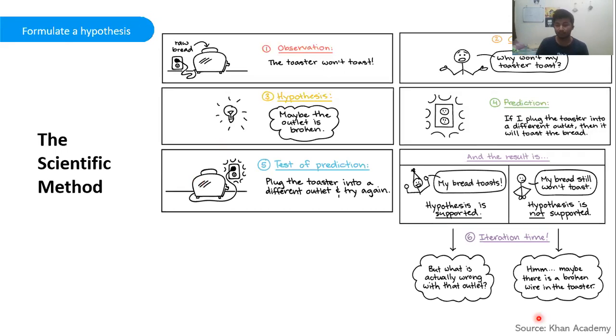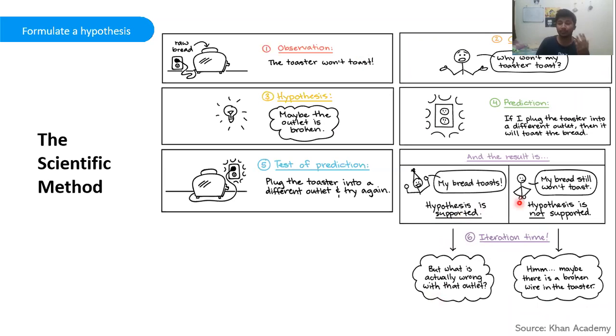If the toaster works, this means your hypothesis was correct. आपने, it was in fact that the outlet was broken. That is why the toaster wasn't working. And so, if it turns out to be correct, the next step would be to go on probing about how exactly the outlet was broken, क्या हो सकता है, was it a rat, was it some other issue.